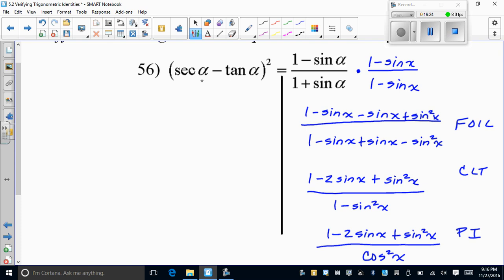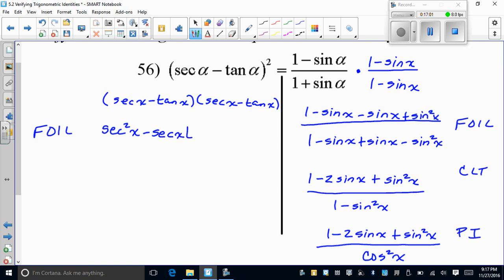This one here, secant minus tangent squared. A rewrite, this is just secant of x minus tangent of x times secant of x minus tangent of x. So first thing we're going to do is FOIL it out. Secant times secant is secant squared. Secant times tangent, negative secant tangent.